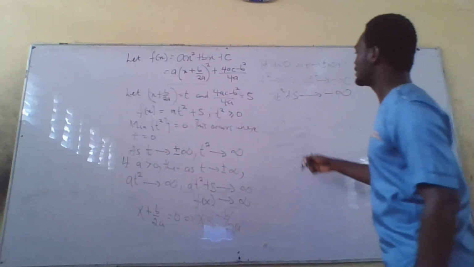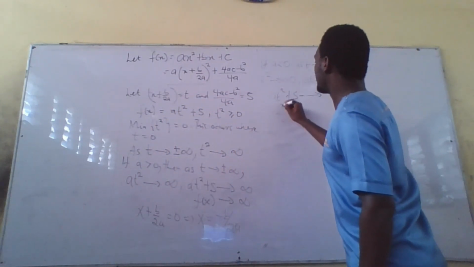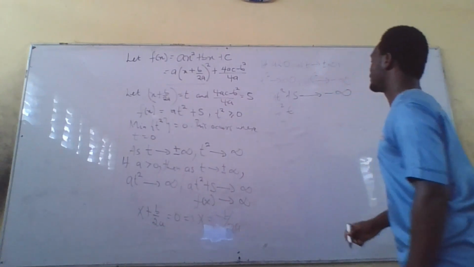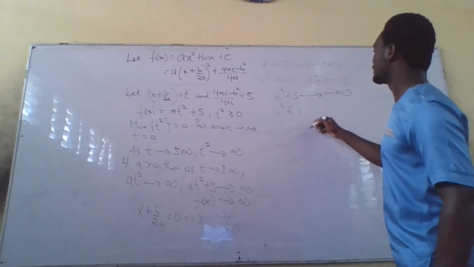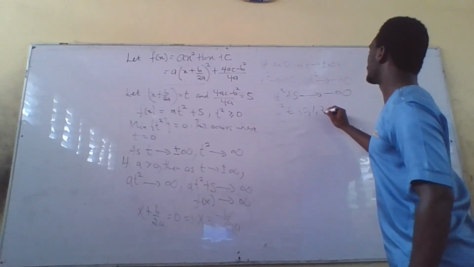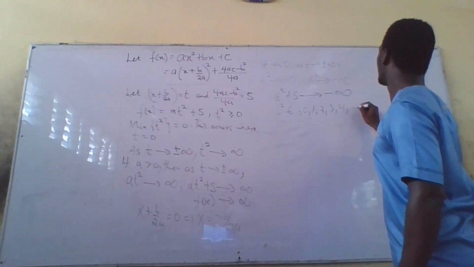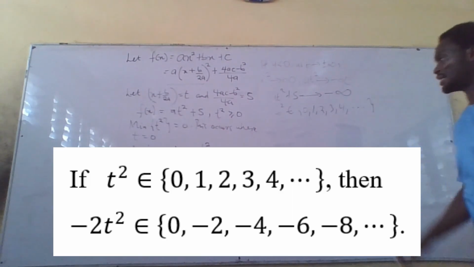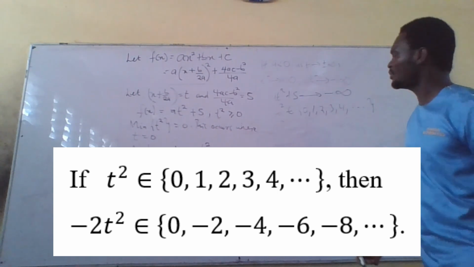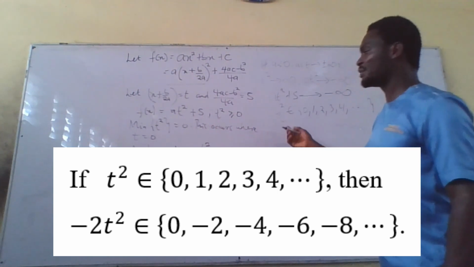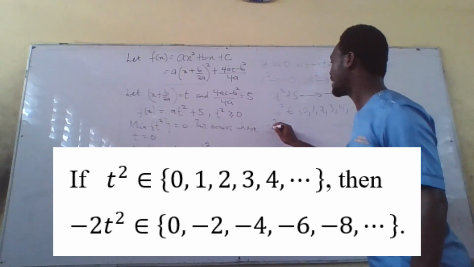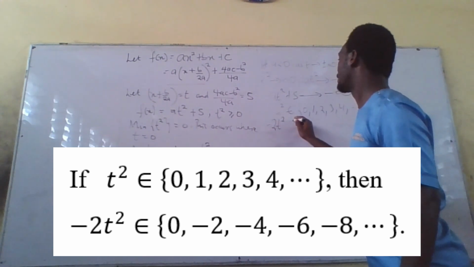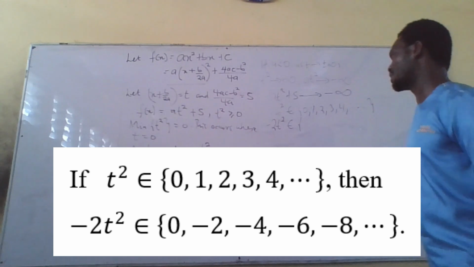So now you have t squared being a member of this sequence. Let me put that in a set: 0, 1, 2, 3, 4, and so forth, just as an example. And you are multiplying by some negative constant. Let's assume it's -2. What will happen?